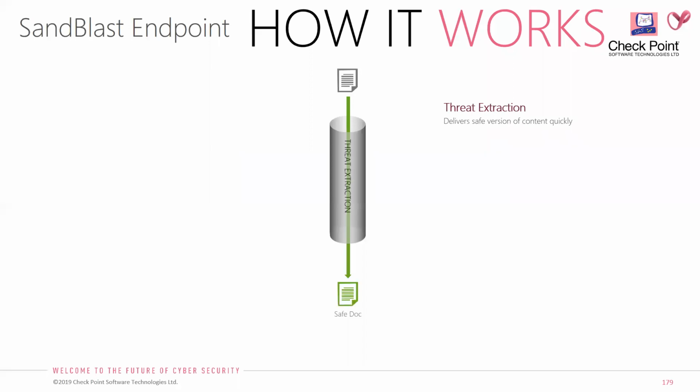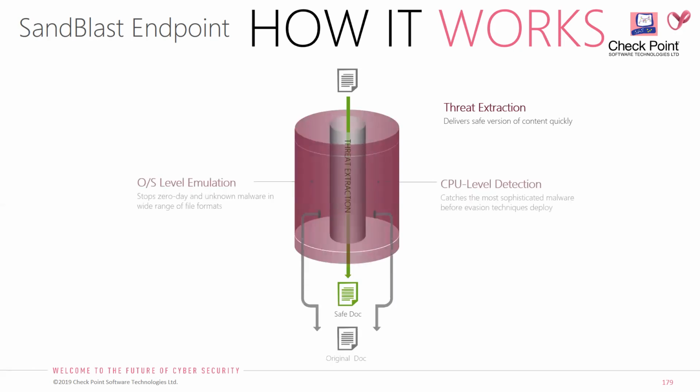Well, it's a series of events that occurs. So we start with threat extraction to deliver a safe version of the content quickly. But at the same time, we're running threat emulation, what the industry calls sandboxing. We're doing both operating system level emulation and CPU level detection.